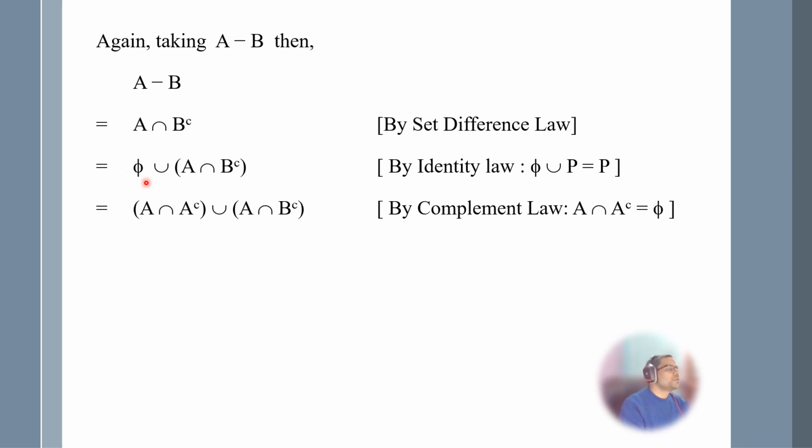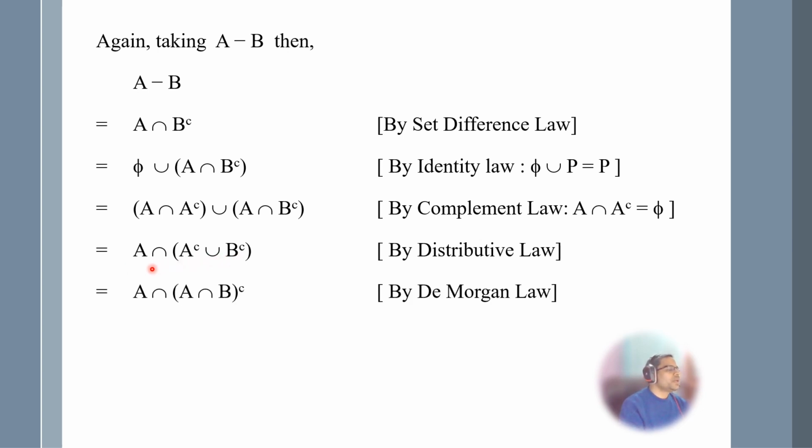Also phi is A intersection A complement, then union A intersection B complement. Since intersection is distributed over union, by the distributive law it can be written as A intersection (A complement union B complement). Then by De Morgan's law, A complement union B complement is the complement of A intersection B, with A intersection as it is.